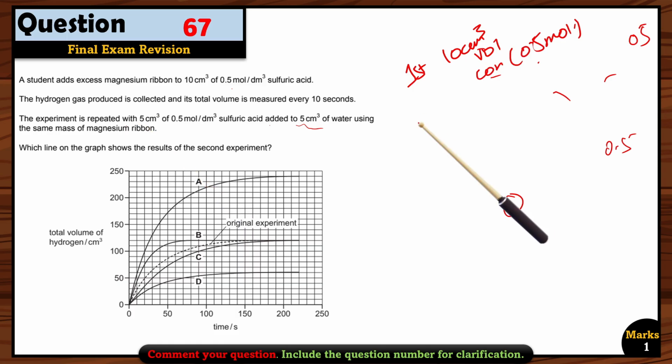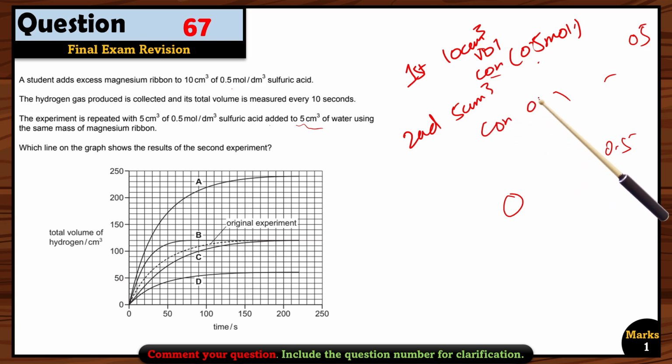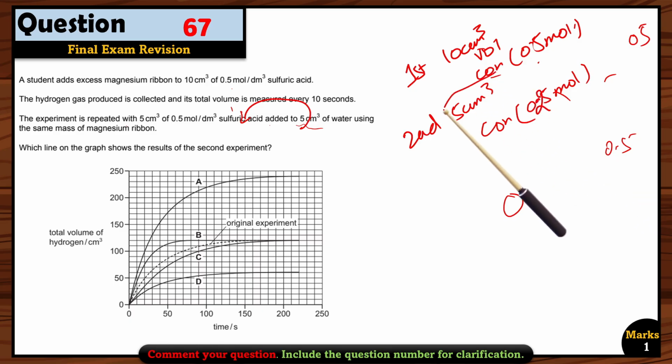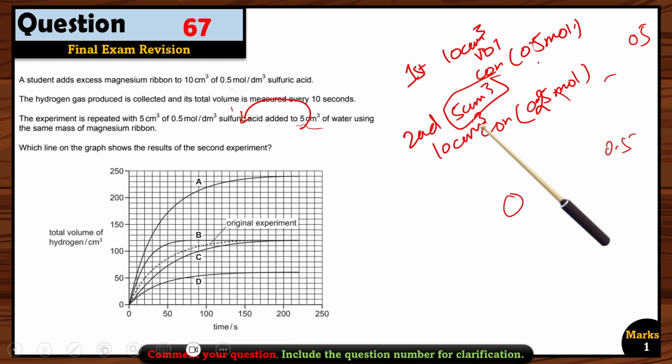In the second experiment, you have 5 cm³ of volume with the same concentration, 0.5 mole, right? But the water is added again. So when the water was added, the concentration becomes how much? 0.25. So now the concentration is 0.25, but the volume is the same, right? So the volume is the same, but the concentration is different. So what will be your answer?